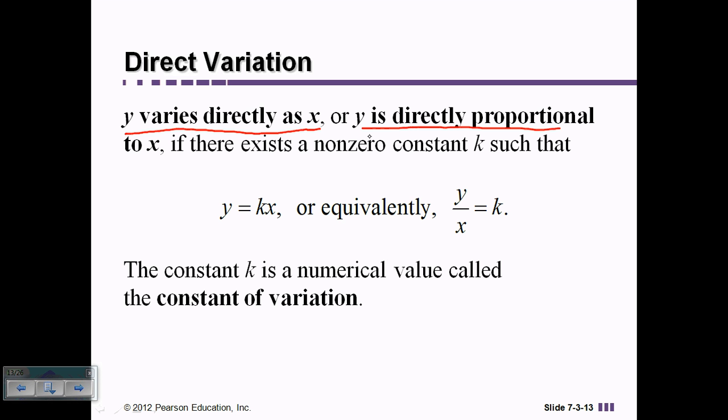So if there exists a non-zero constant k such that y equals k times x, or you can also write that as y over x equals k. So k is the constant that represents the constant of variation. So that's what we're talking about with direct and indirect variation.